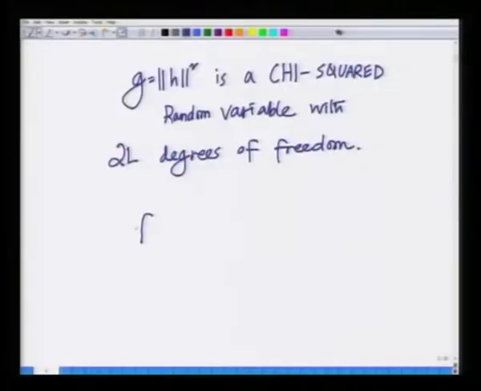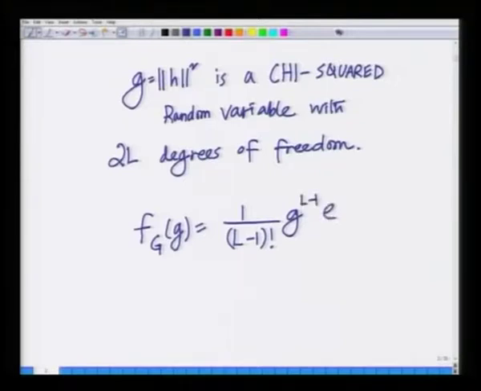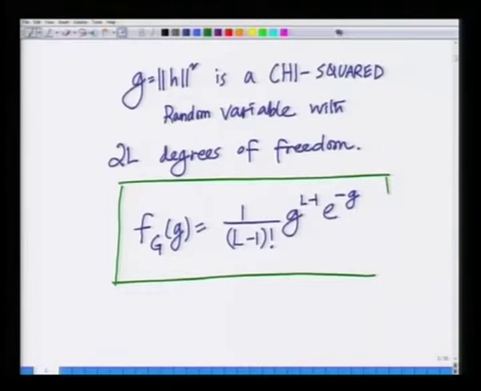It can be shown that the distribution f_G of this gain G of this chi-squared random variable of 2L degrees of freedom is given as 1 over (L minus 1) factorial times G to the power of L minus 1 times e to the power of minus G. So, in other words, the distribution of this gain G is f_G(G) equals 1 over (L minus 1) factorial times G to the power of L minus 1 times e to the power of minus G.